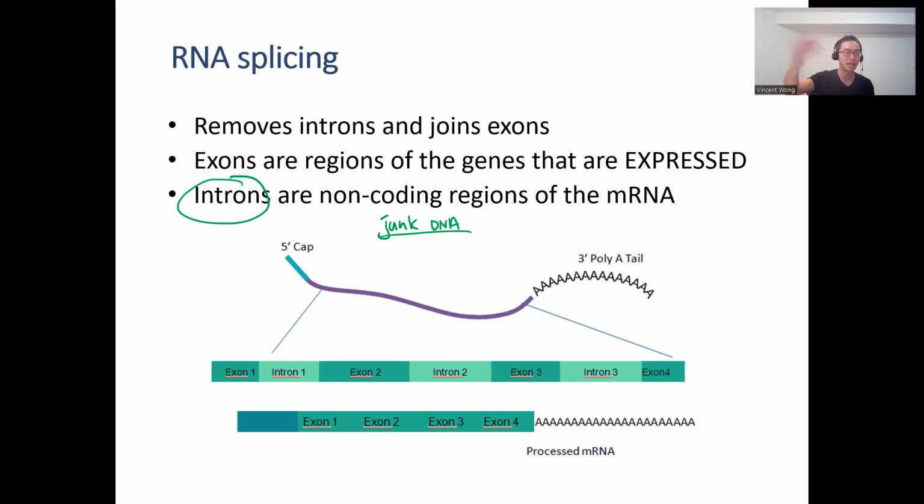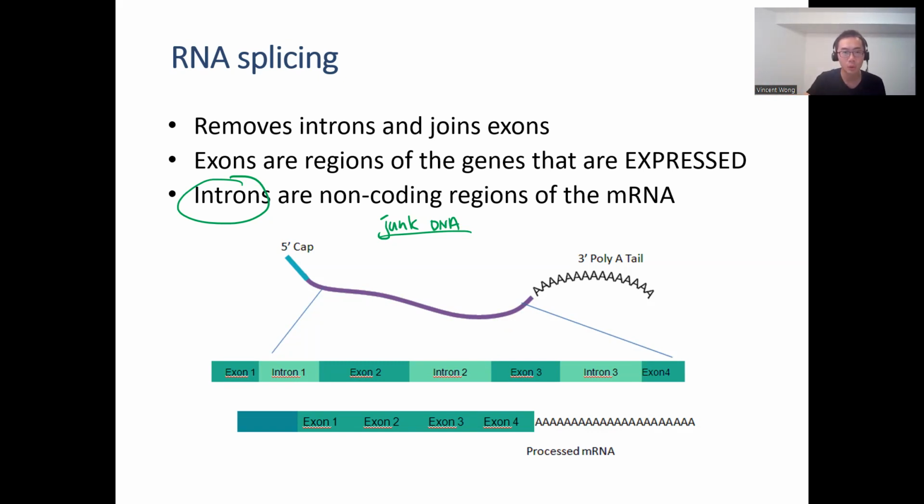You copy some magazine pages because you want to read the article to help with your research project, but you accidentally copy the advertisement as well. The advertisement is no use to you, so you take it out and throw it away before you staple together your photocopies. The advertisements are like the introns. They are junk. They don't serve any purpose in the context of making protein. So you want to remove all of it.